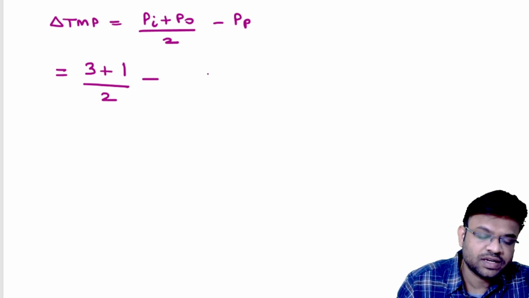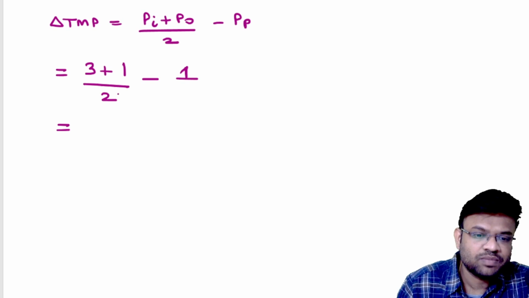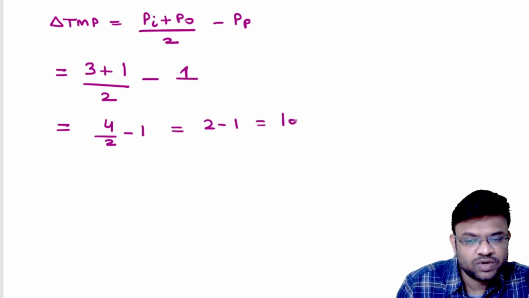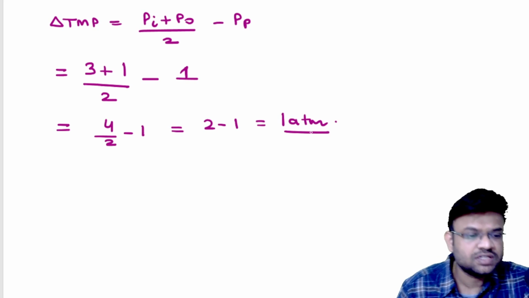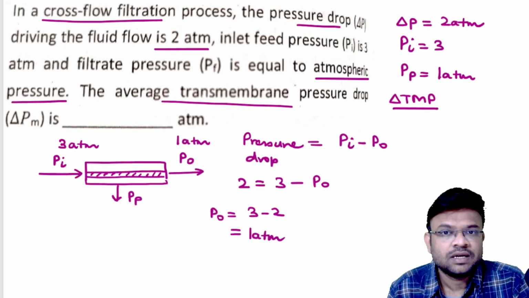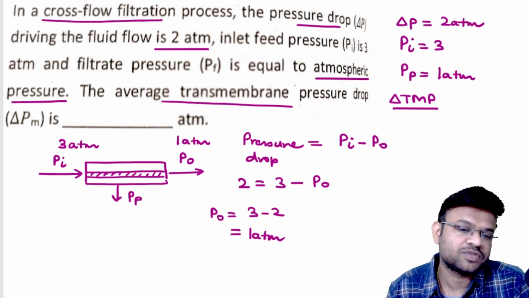So 4 upon 2 is 2, minus 1, and this will be equal to 1 atmosphere. This is how you can solve cross-flow filtration and transmembrane pressure problems.